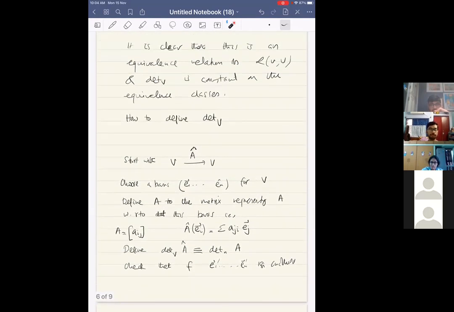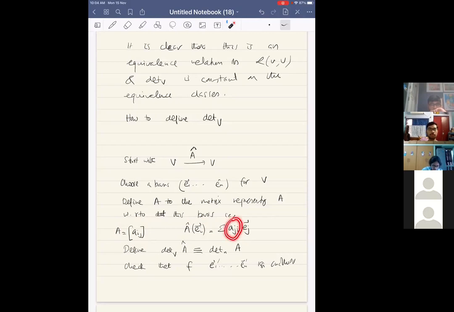So how to define the matrix, what do I have to do? I have to give each of its entries, right? What are the aij's? This is the question to define A. Now, apply A hat to one basis vector after the other. So take the first basis vector, apply A hat to that. Whatever I get can be written in terms of all the basis vectors with some coefficients aji.